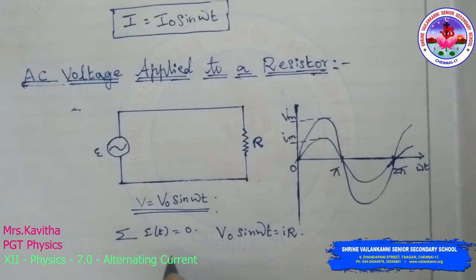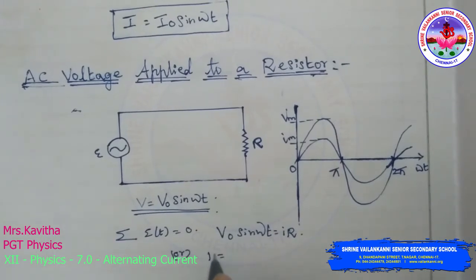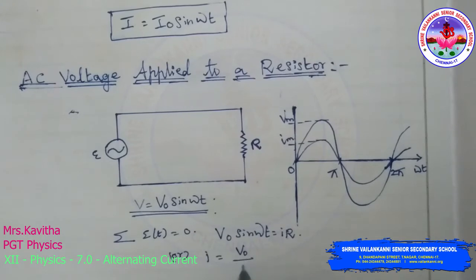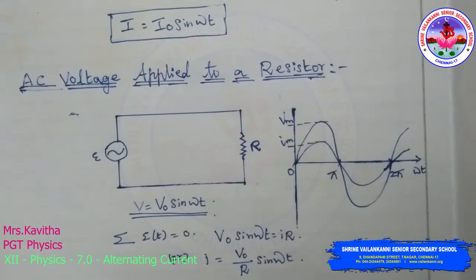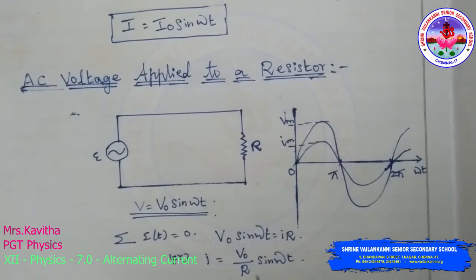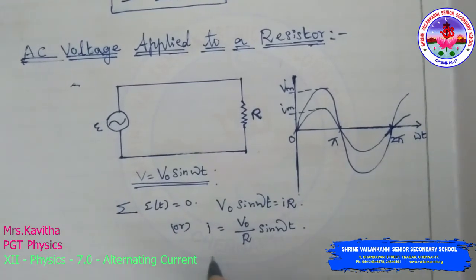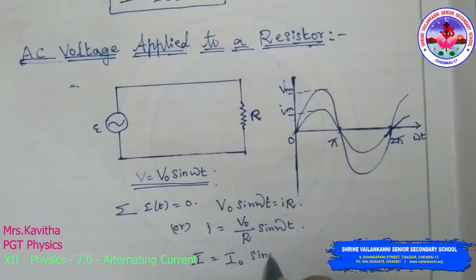We can write this as I equal to V naught by R sin omega t. Since R is constant, we can write this equation as I equal to I naught sin omega t.